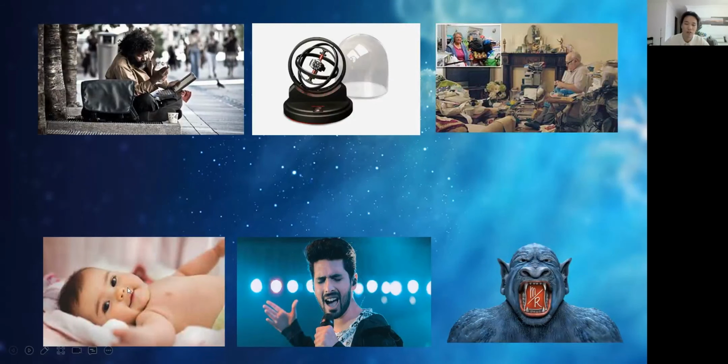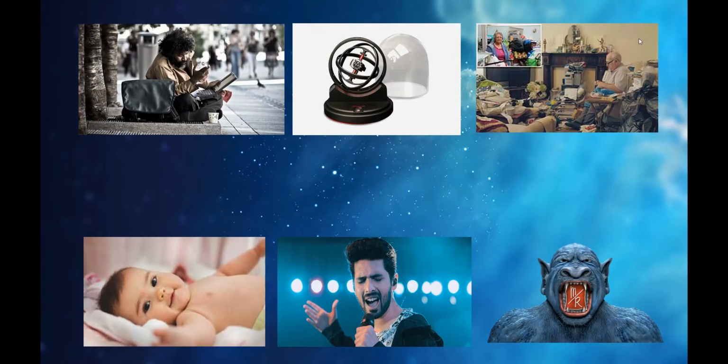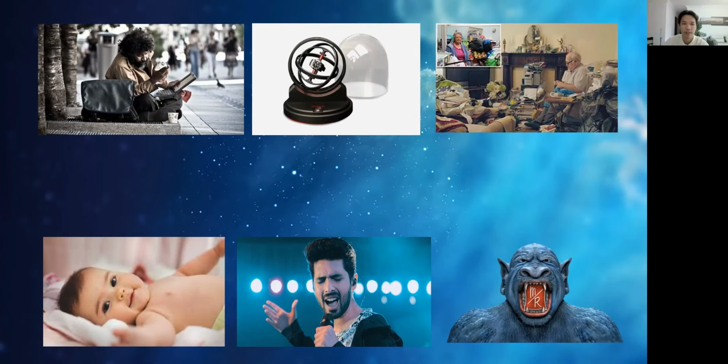For the fourth picture, I think this one is quite obvious. Can anyone tell me what the picture means? Or you can just tell me the English name. How about Yang Xingyu? You can hear me, right?